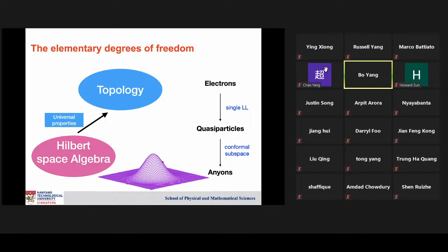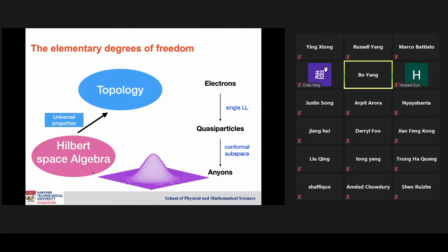They are even fatter particles because you're losing more information. And more importantly, they can carry different charge from electrons, and they can also have very exotic exchange statistics, which is why we call them anyons. That's how anyons simply emerge from the Hilbert space algebra.